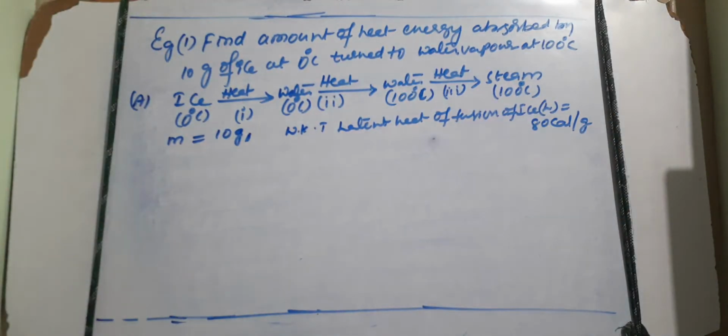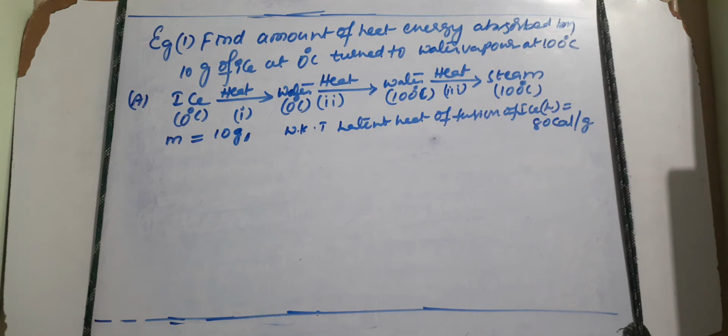Latent heat of fusion of ice is nothing but the amount of heat required by unit mass of ice to change into liquid water at constant temperature. So its value is 80 calorie per gram. It means that for converting 1 gram of ice into liquid water at constant temperature, it requires 80 calories of heat energy.